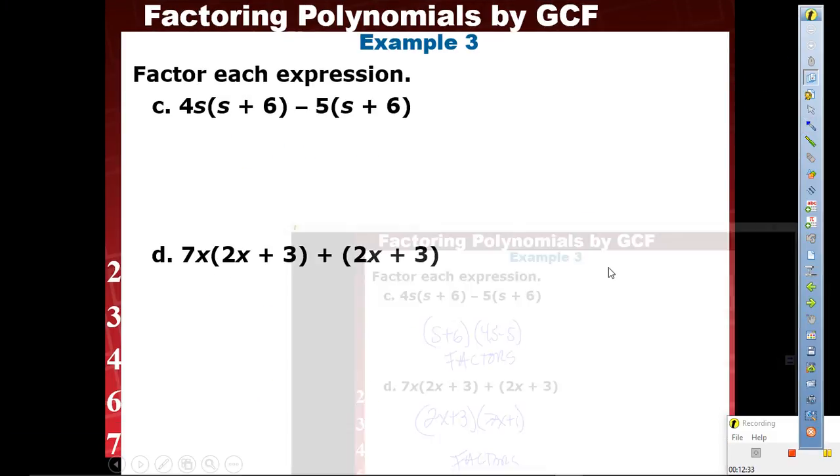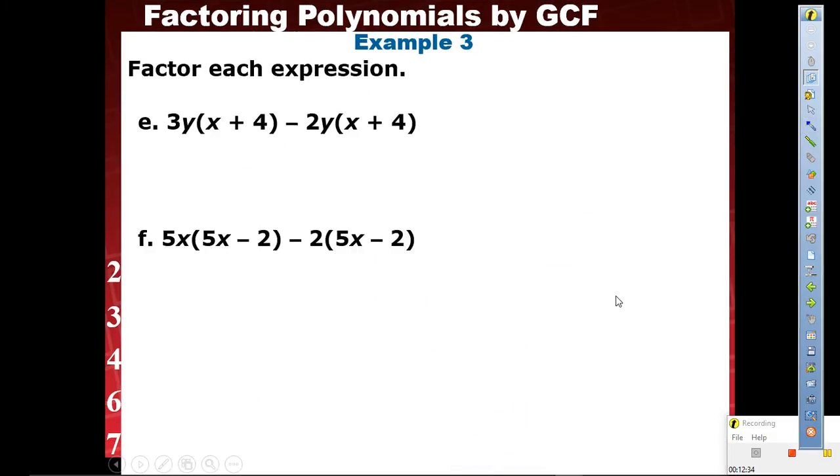Do 2 more, copy these. Examples E and F. These have a little twist to them. Let's see if you catch it on both. Go. Okay, letter E. Who haven't I called in a while?